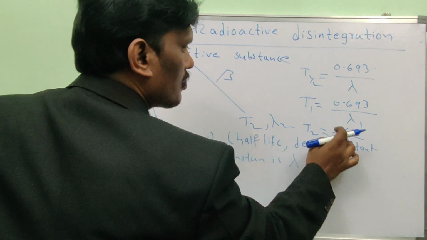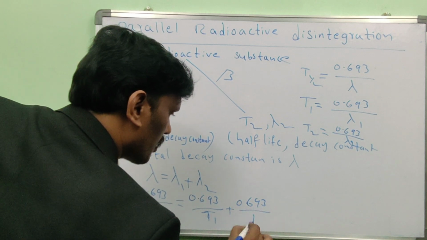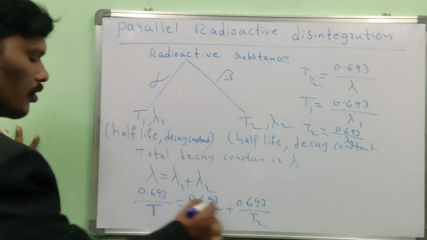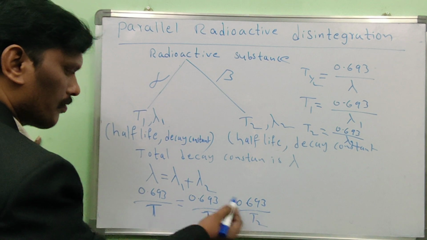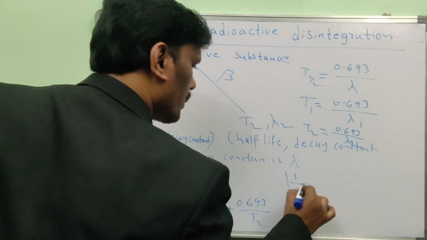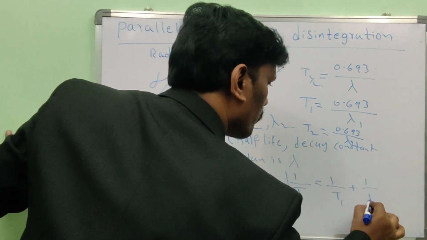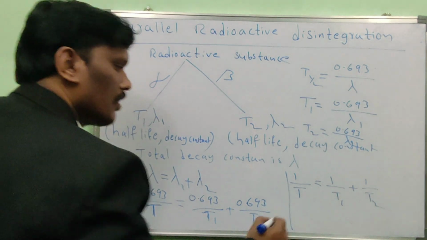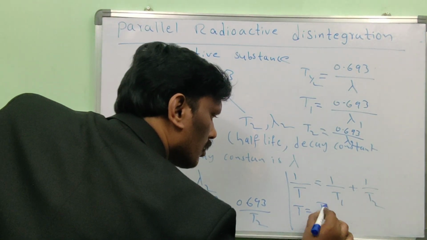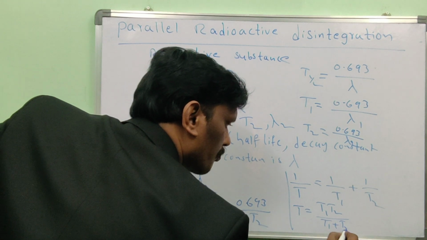From here lambda 2 is 0.693 by T2. Now take 0.693 common from the right hand side and cancel out on both sides. What remains? 1 by T is equal to 1 by T1 plus 1 by T2. By simplifying this, we get T is equal to the product of T1 and T2 divided by the sum of T1 and T2.